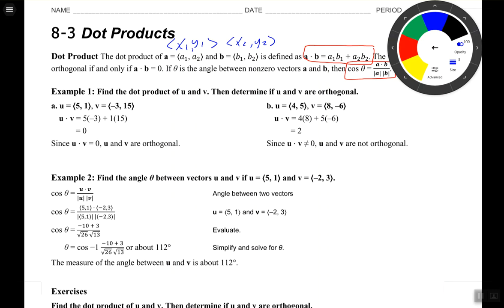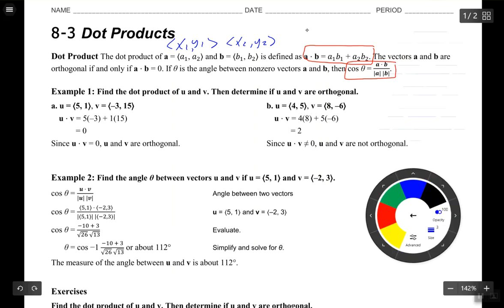So when we rewrite the dot product, I have the vector A, and then it's a big dot, it's like times but not times. Because it's vectors, it's a little different than multiplication.